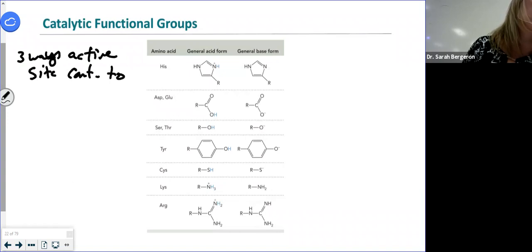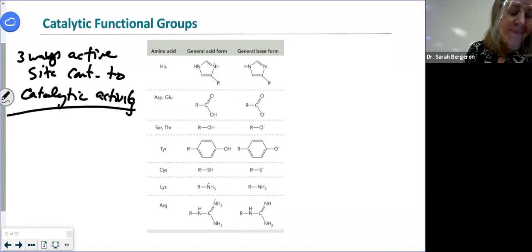So you're going to get the substrate into the enzymatic pocket. And so the amino acids on the enzyme are actually going to interact with the substrate, and it's going to catalyze the reaction. So there are 3 different ways that catalysis can actually happen.